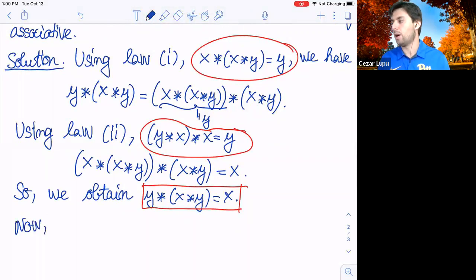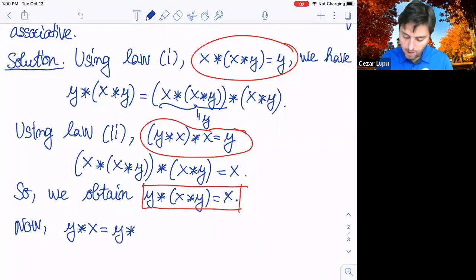Let's look at Y star X. At some point we have to apply some of the identities to obtain that Y star X is the same as X star Y. So what should we do now? This will be Y star, and now instead of X, we can put Y star X star Y.